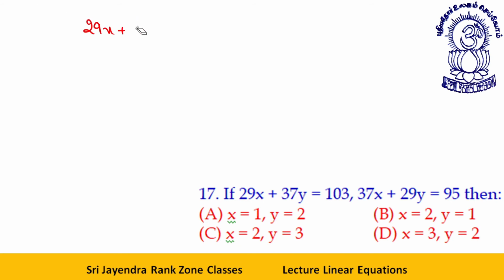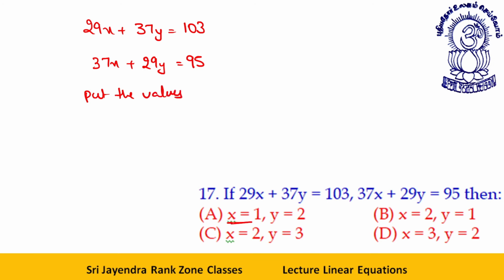29x plus 37y is equal to 103, then 37x plus 29y is equal to 95. Then you are given certain options. A better way is to put the values.